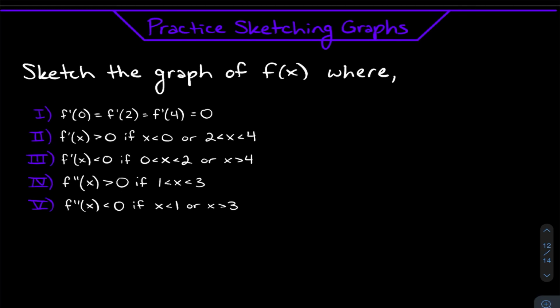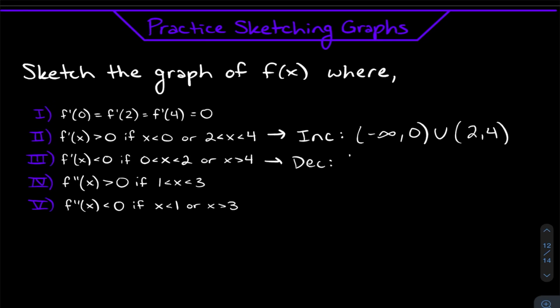So we can see right here from part 2 here that it's increasing from negative infinity to 0, right? Because it's where x is less than 0, and from 2 to 4. From this guy, we can see it's decreasing from 0 to 2, and from 4 to infinity, right?